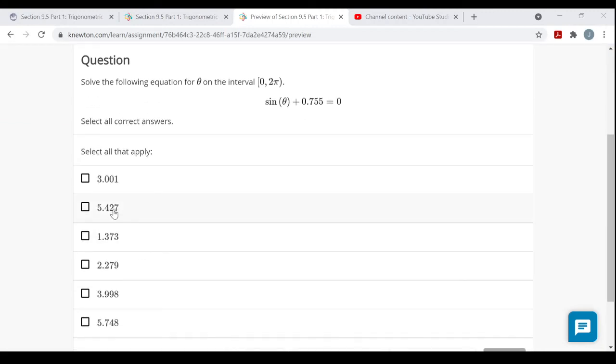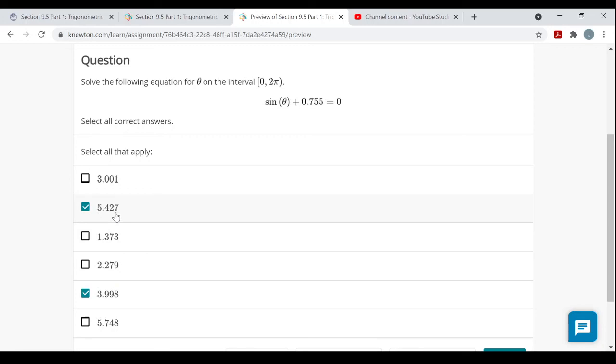Oh, 5.427, that's the closest one. And 3.998, I guess, because they must have used negative 0.856 and then kept adding. So these are the closest two, right? 3.998 is basically 3.997, and then 5.427 is basically the 5.428.